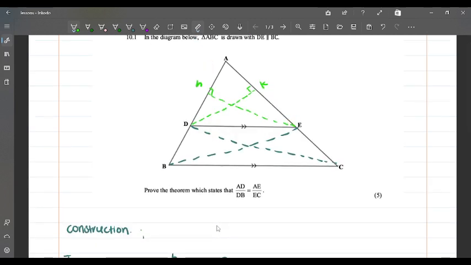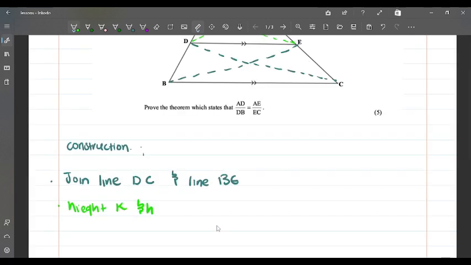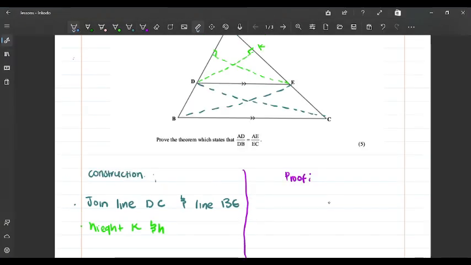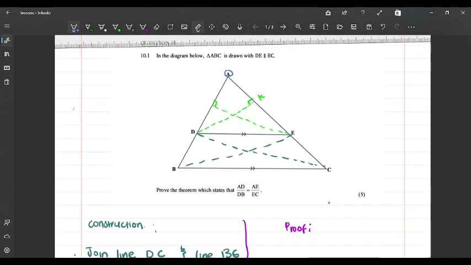Now, what else am I going to do? Now, proof, right? Let me go about proving this. So let me just write this on the side. Now, let us go about proving that. And how are we going to go about doing this? We're going to be making use of our area. So it's going to be the area of triangle ADE.